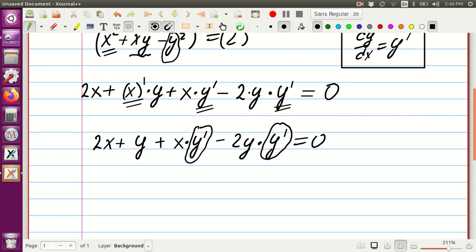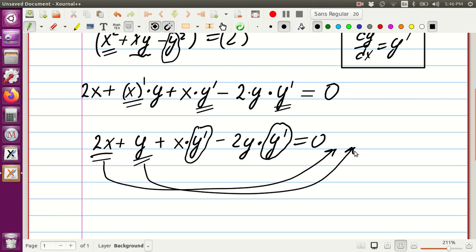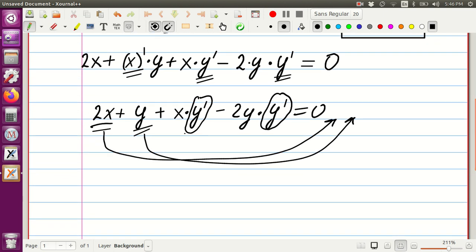Because dy/dx is just another way to write y prime. Alright, so let's try to solve for y prime. These terms have no y prime, so we're going to subtract them from both sides. And on the left side, we're going to factor y prime since it's a common factor. So on the right side, we have negative 2x and negative y because we subtracted them from both sides. On the left side, we factor y prime, so we're left with x minus 2y.